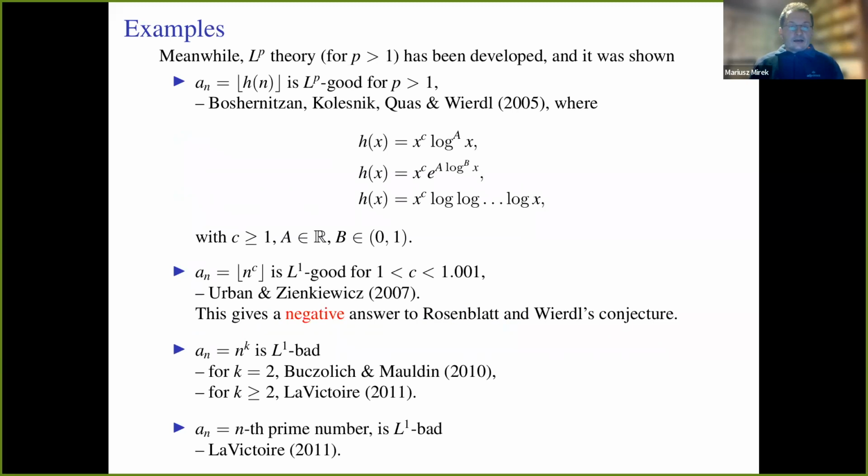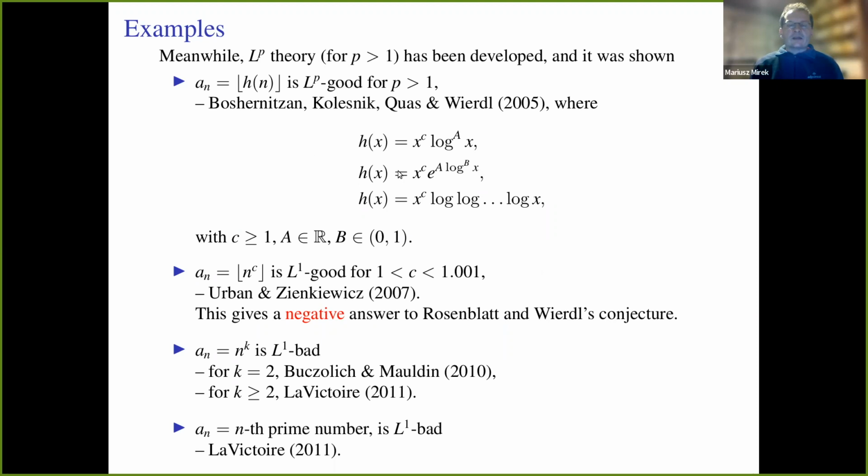And so, in the meantime, people studied the LP theory for p bigger than 1. There is a beautiful paper of Bourgain, Kolesnik, Kwas, and Wierdl from 2005, where there is an extensive discussion about LP good and LP bad sequences.